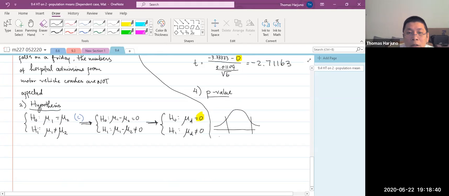Again, the t equals negative 2.71163. I will get the area to the left and then double it.